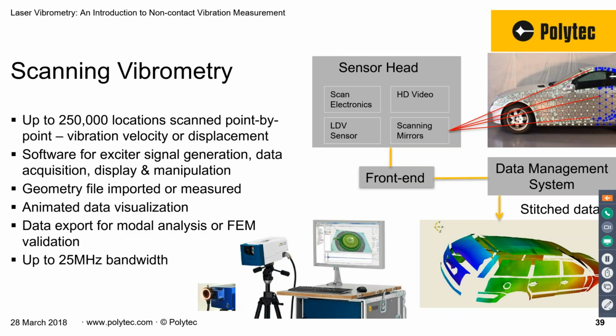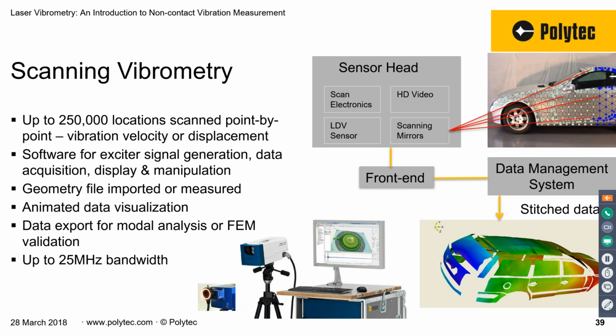So scanning vibrometers measure up to 250,000 points. They're measured sequentially. There's software built in to provide signal generation for a shaker, for example. There's data acquisition, display manipulation. We can import the geometry file, or we can measure the geometry.